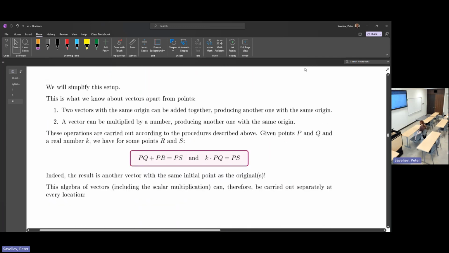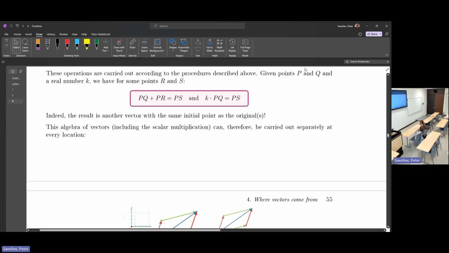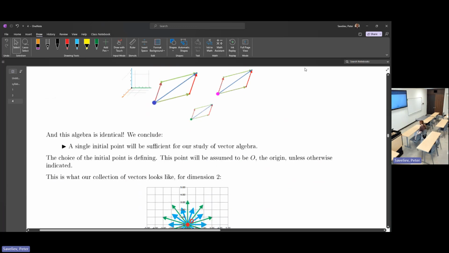Okay, so these are addition and scalar multiplication of vectors when they're still given by points. Okay, so the pictures are the same. The algebra is identical if we switch units, as units are still the same.